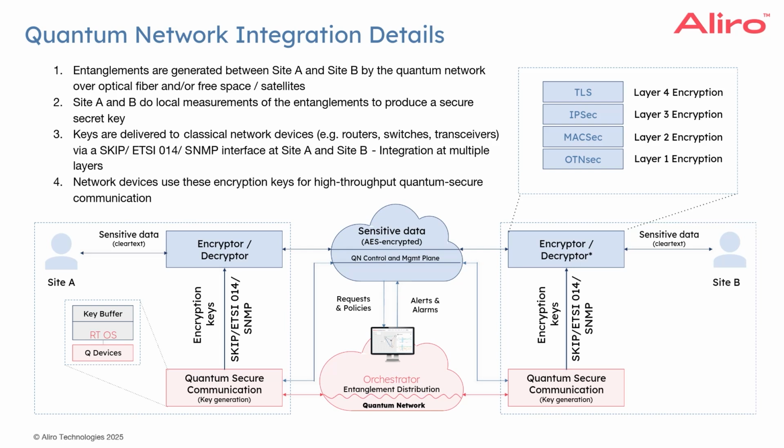Maybe it's an AES 256-bit key. And these hardware encryptors run at a speed such that the blue cloud, which represents their classical network, let's say it's an IPsec VPN, can run at hundreds of gigabits per second of encrypted traffic, which is then decrypted by the same key on the other side at site B.